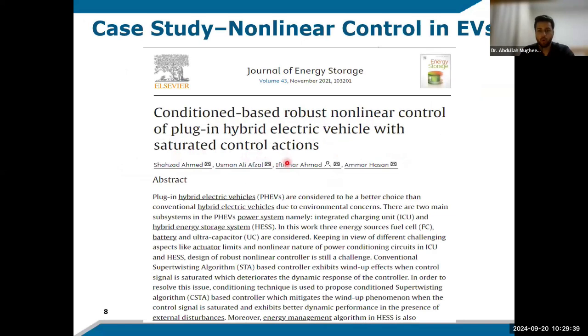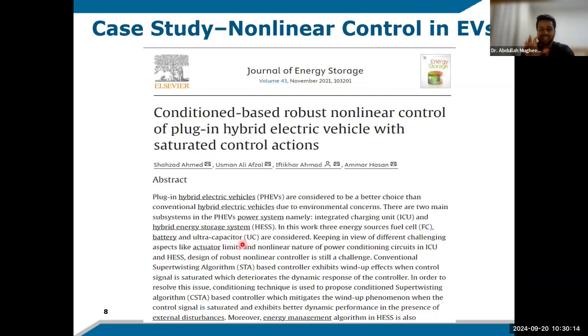What this person did was this: there were three sources, the fuel cell, the battery, and the ultra capacitor, and these three were integrated with each other to provide charging for the hybrid electric vehicle. You have an electric vehicle that works on a battery, and a hybrid can work on both, so it needs to recharge itself, and to recharge you need to provide it electricity.